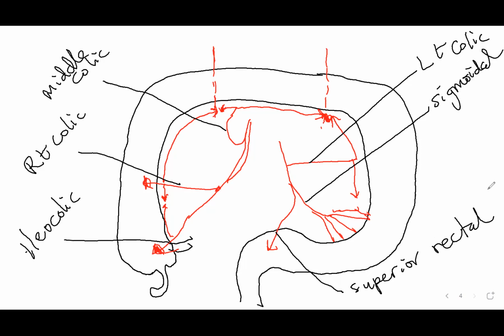And you can see how all these vessels now form an arterial anastomosis of arcades. Now, at this point where you have anastomosis of the superior and inferior branches of the mesenteric arteries, they are called watershed areas.